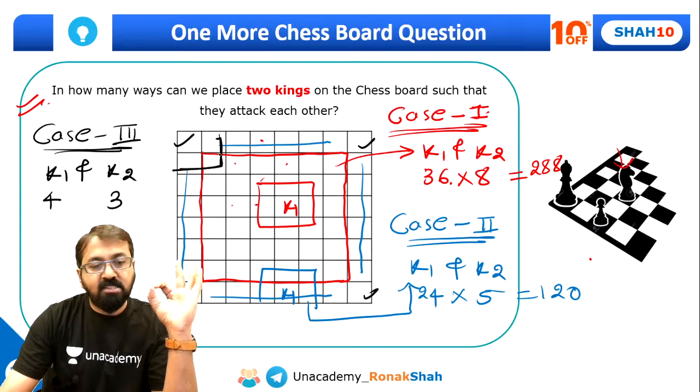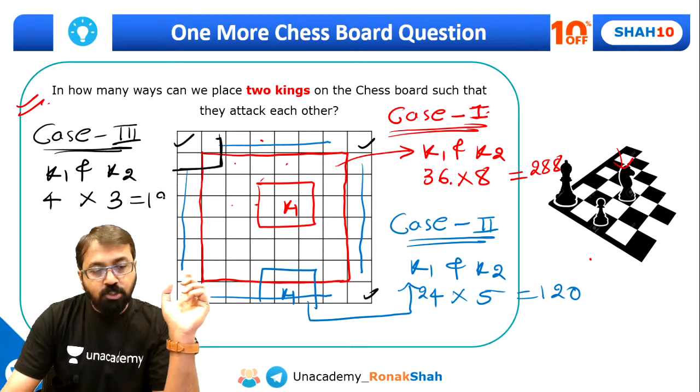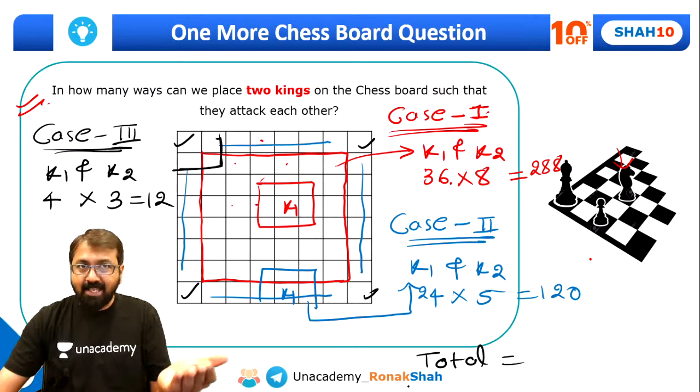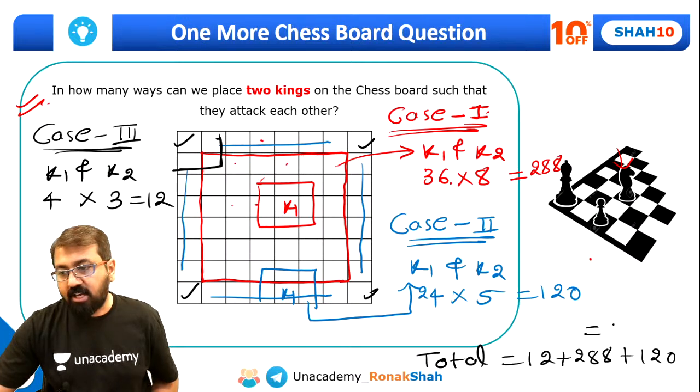I mean, it can be placed in any of the 3 squares adjacent to that corner square. So this will come out to be 12 ways. So total number of ways in which they'll attack each other will be 12 plus 288 plus 120. So guys, ये कितना हो जाएगा? 420 is the correct answer.